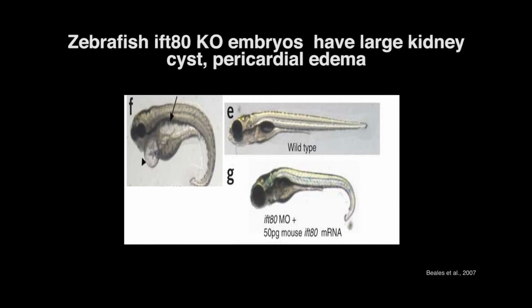F shows a zebrafish embryo lacking the IFT80. One can clearly see the difference. Zebrafish IFT80 knockdown embryos are characterized by large kidney cysts, as shown by the arrow, and a curved tail. This phenotype is rescued once IFT80 morpholino is injected back into the zebrafish, as shown in G.